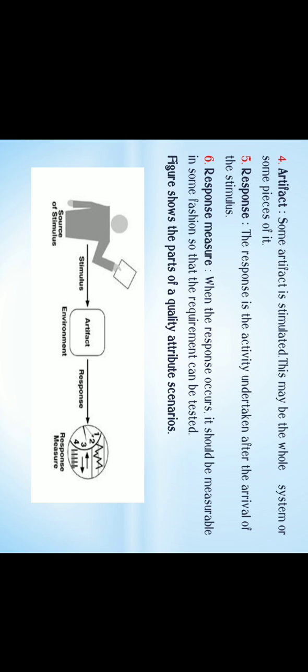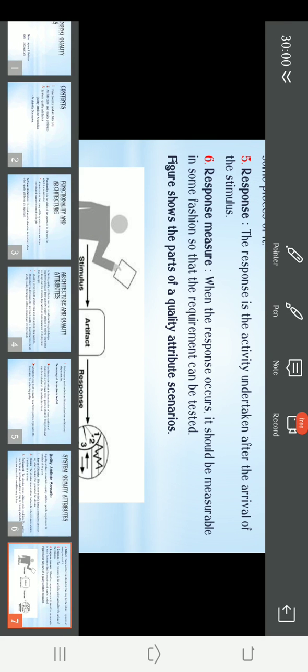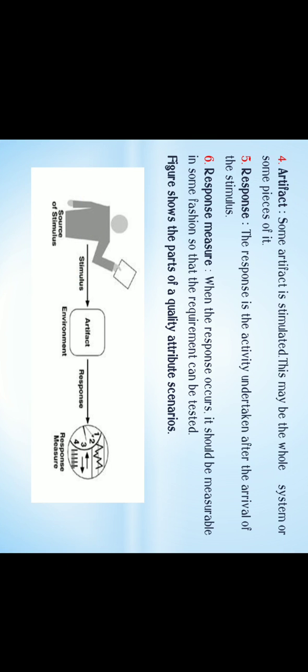This figure shows the parts of a quality attribute scenario. The source of stimulus is a physical object here, a woman, who is interacting with the system. The action taken by this person is the stimulus.